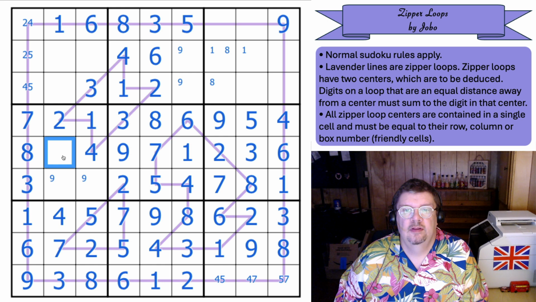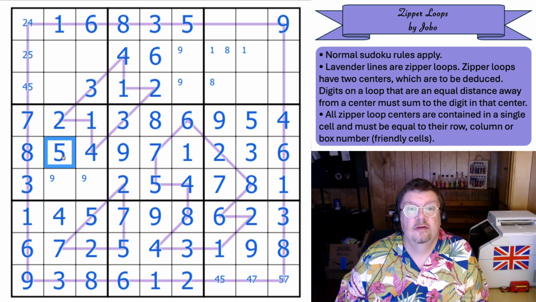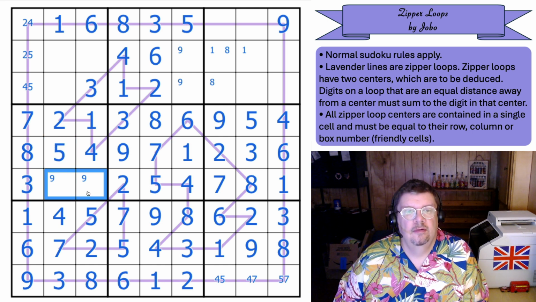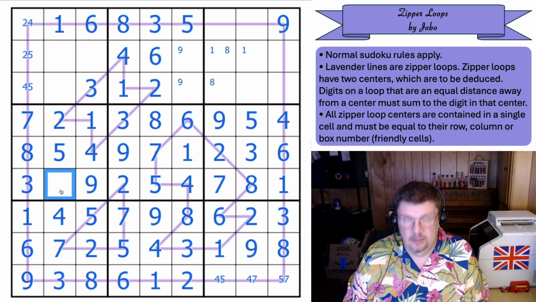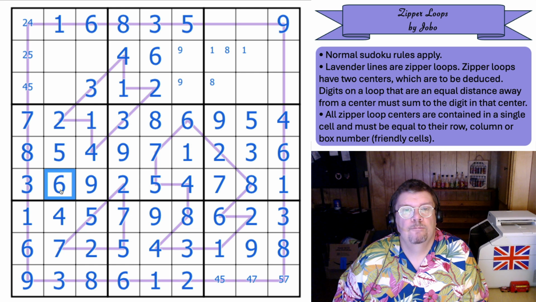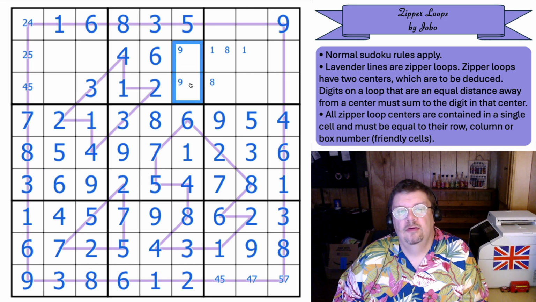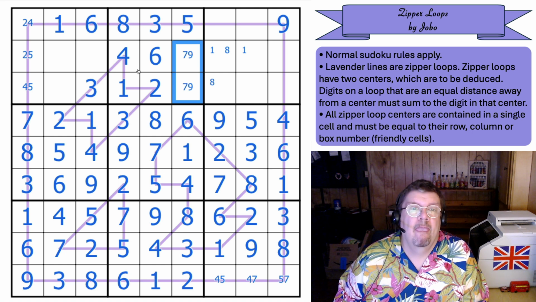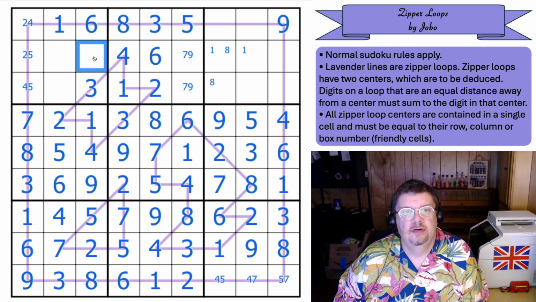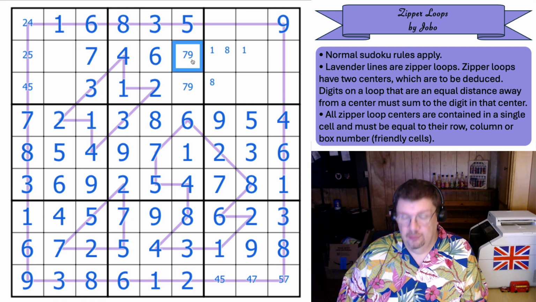And that makes this digit a 5. These two are 9 and 6, and I know the order. These two are 9 and 7, which are not yet resolved. This lone digit here is a 7, so that does resolve this 9 and 7.